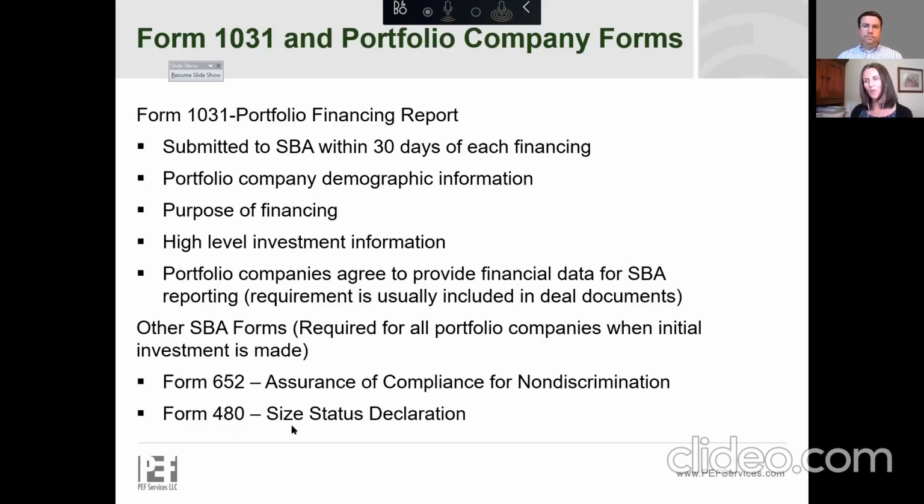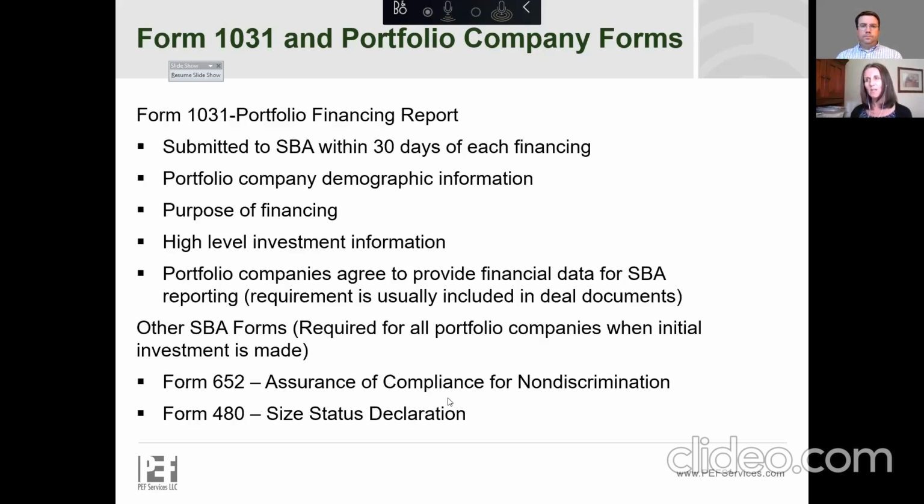And then the Form 480 is the size status declaration. This is from the portfolio company confirming that they are a small business according to their financial information or the NAICS code, so that the fund manager can conclude that they're a small business, an eligible investment for the SBIC fund.